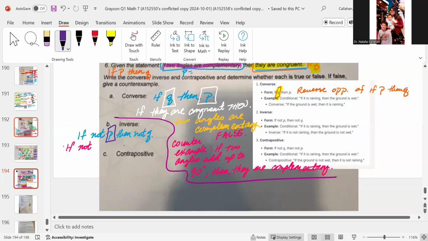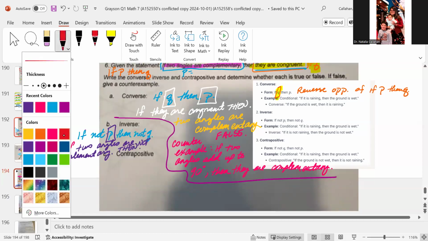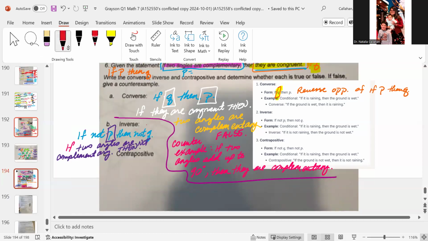So it doesn't make any sense here. If not two angles are complementary, you can say if two angles are not complementary. Do you see that, just reword it a little bit? Okay. So if two angles are not complementary, then, and make sure there's a then there, and then it's Q, right?